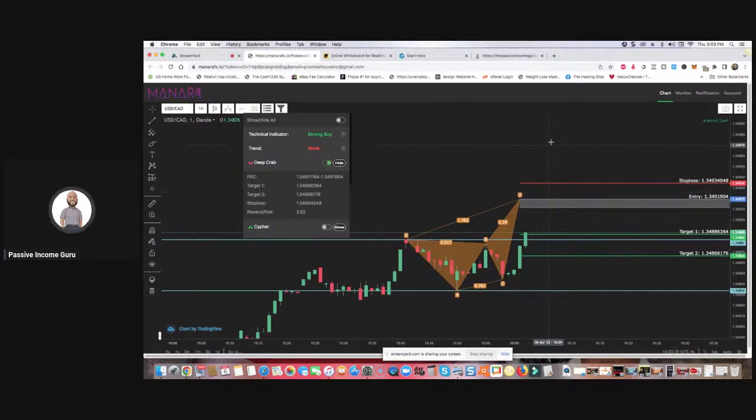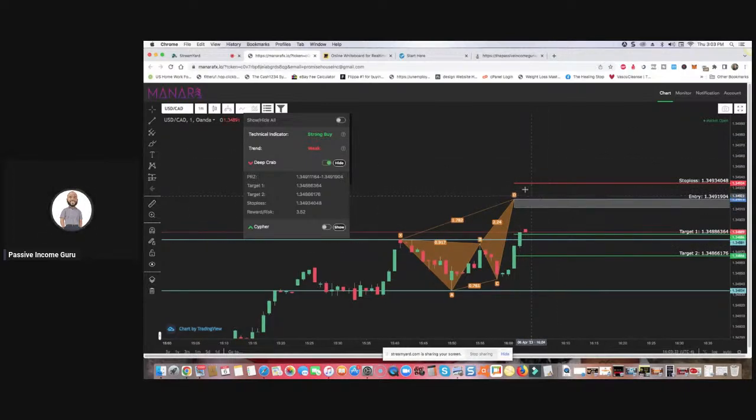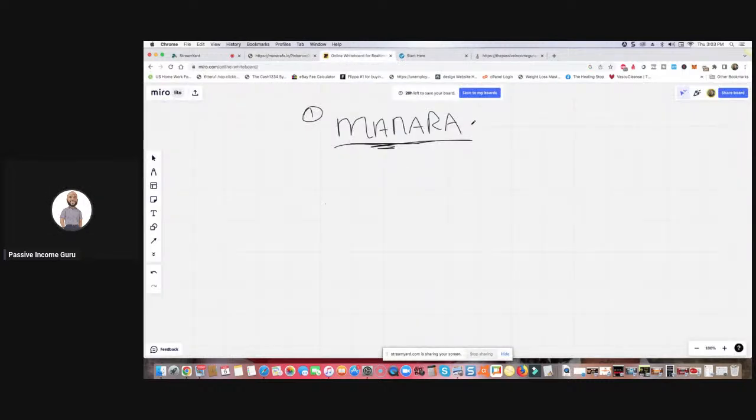If it's going up, like it is now, you want to wait until price gets up outside of this gray box. If it's going down, you want to make sure price gets below this gray box before you enter. A lot of times, price will come up to the stop loss. That's okay. I still look to enter somewhere in here once it even hits stop loss, or down here.